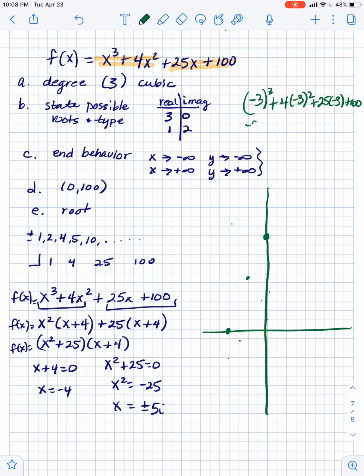Okay, so I've got a negative 27 plus 36 minus 75 plus 100. So this is going to give me 9, minus 75, so a negative 66 plus 100. That is 34? Hmm, let me recheck. So at a negative 3, I'm only at 18.